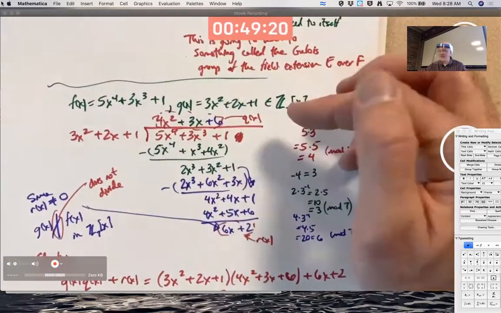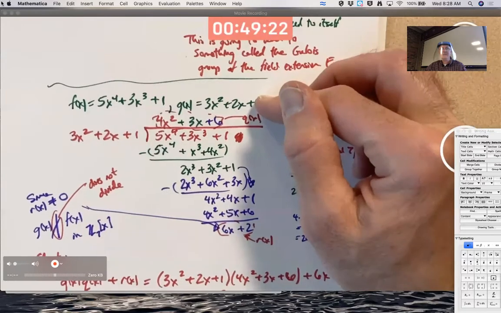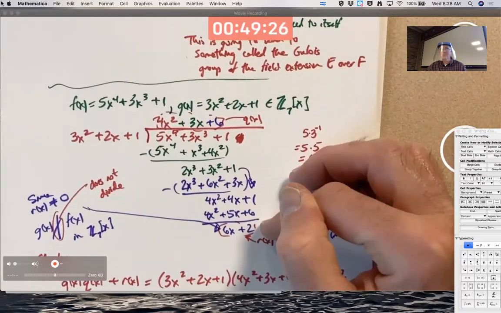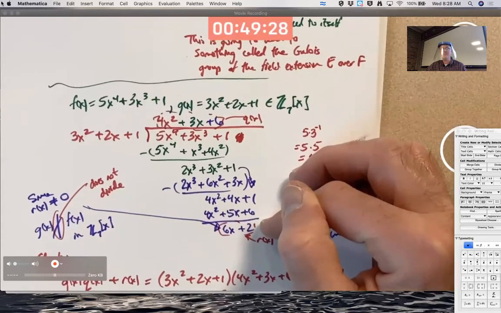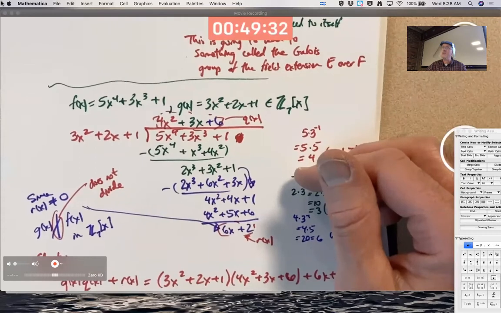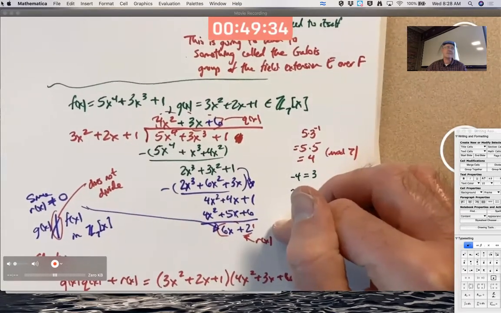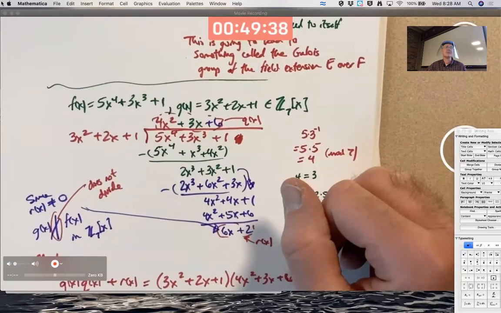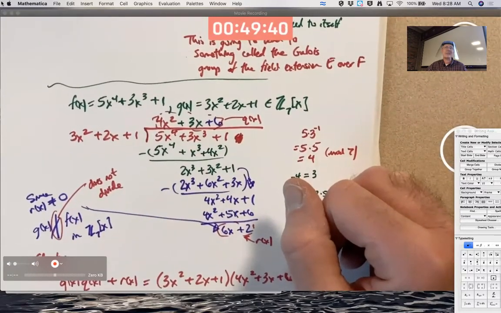That was quadratic, second degree. It was guaranteed that r of x would either be 0 or have a degree less than 2, meaning degree 1. Could have been a constant, degree 0. If it was 0 again, 0 technically doesn't have a degree. I'm not quite to the point where I can explain why. It's a technicality.